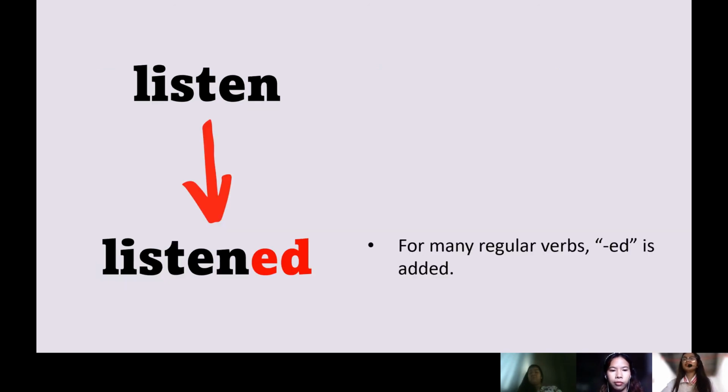So, listen became listened. We added ed because for many regular verbs, ed is added. We just added the ed and did not change any spelling at all. That's the past participle.